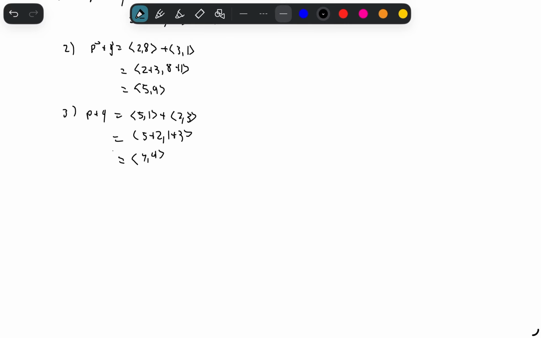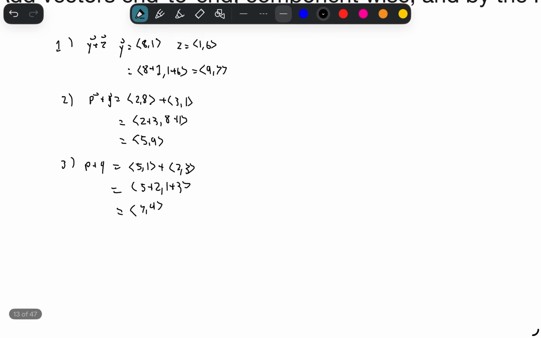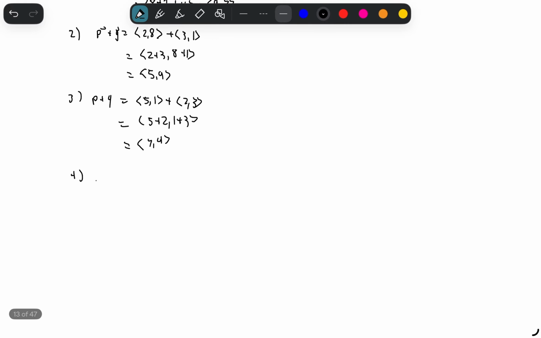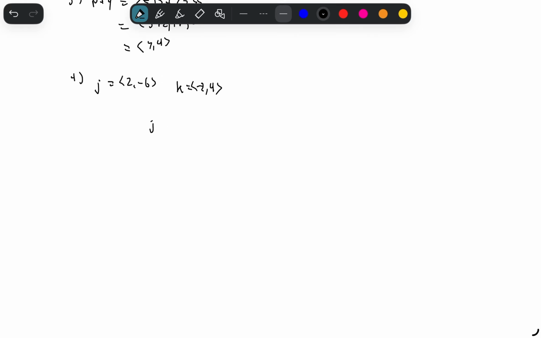Let's say that we had a vector j that's equal to 2, negative 6. k is 2, negative 2, 4. And we want to find j plus k using component addition.